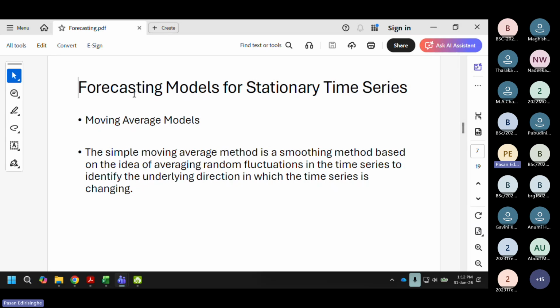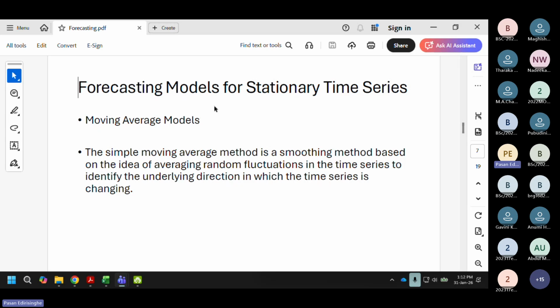We talked about time series data last time, and we identified the time dependency of the data. We want to identify that dependency structure, and then based on that, predict the future.